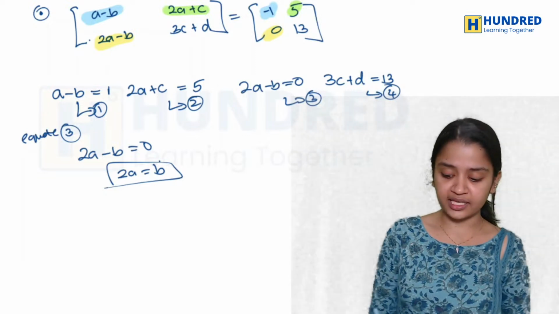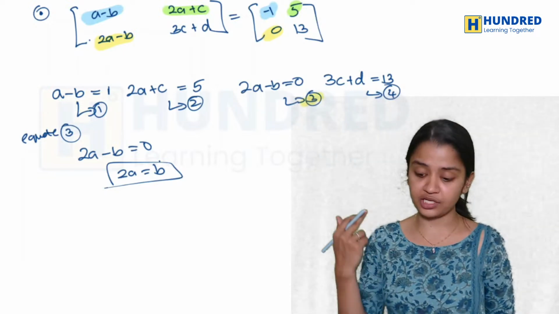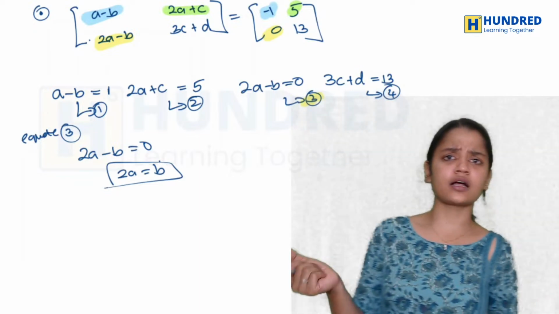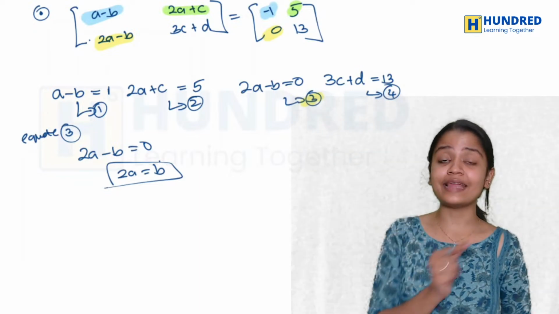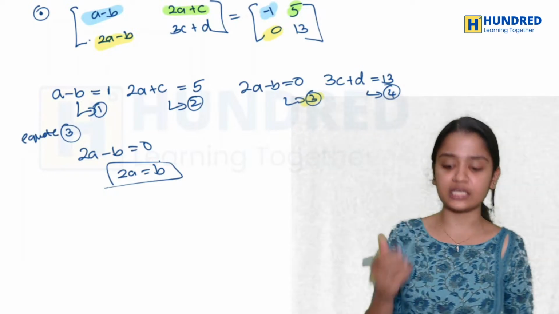So where can I substitute B? Look at the other equations. I have taken the third equation. Look at the first, second and fourth equation. Where does B occur? In equation 1 there is B. So I am going to substitute my B value in equation 1.